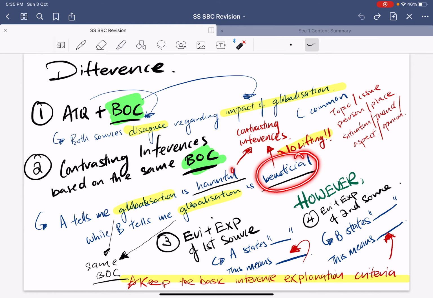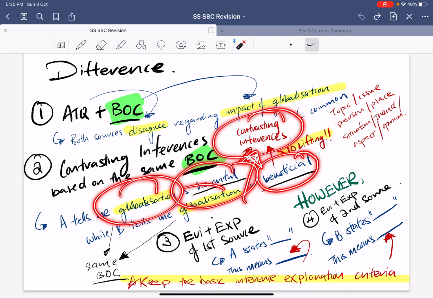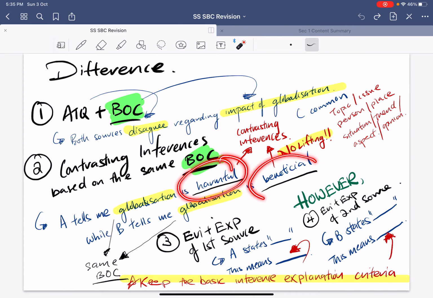Can you see two contrasting inferences here? One is telling me it's harmful, the other is telling me it is beneficial. I'm talking about exactly the same BOC, which is globalization, and my two inferences contrast with one another. One is harmful, one is beneficial. Take note, please do not lift anything. Don't use any words you see in the source, because inference is about forming your own conclusion. It is not about lifting from the source.